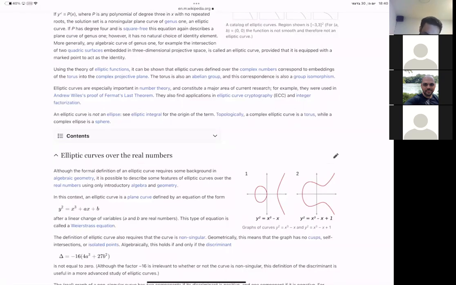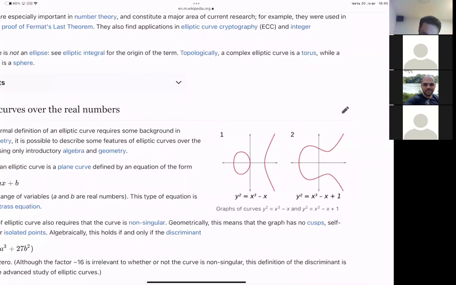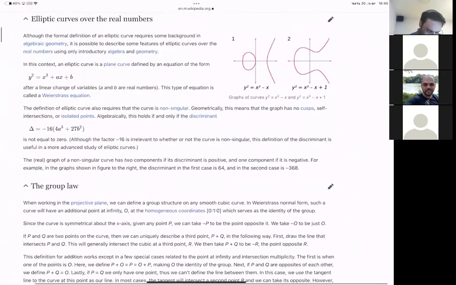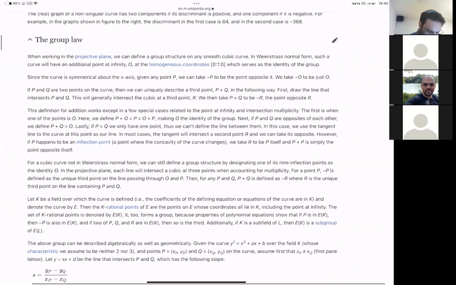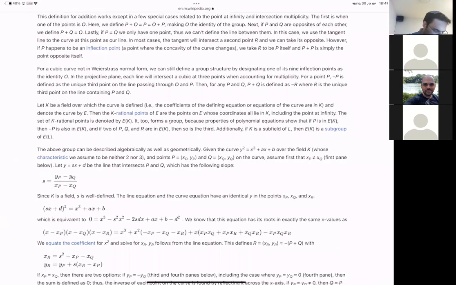For example, in the first picture, a is -1 and b is 0. And the rightmost one, a is -1 and b is 1. So you get different elliptic curves, but this is known, the choice of the elliptic curve. What is not known is the private key.